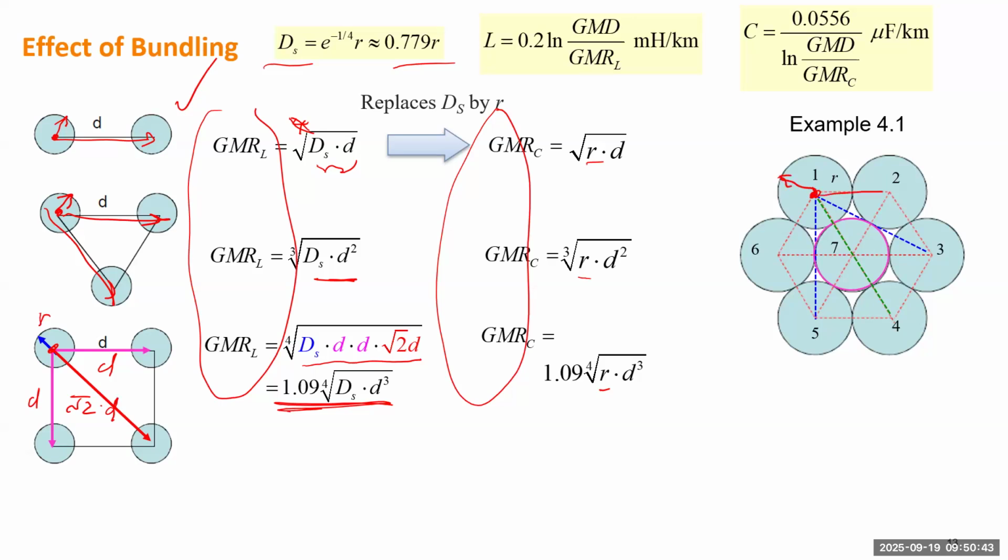Then we need to draw a line to all the other conductors, also including number 7. So there are 7 items. The first one is the radius to itself. The next 6 will be the distance to the center of the other 6 conductors. That's only using the first conductor as reference.